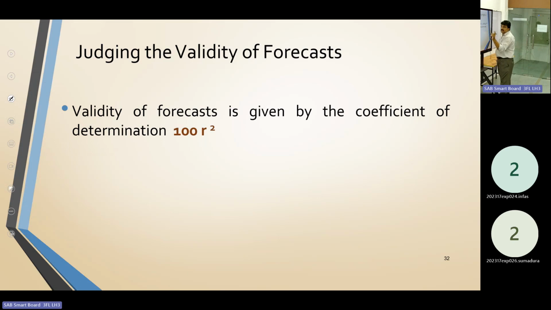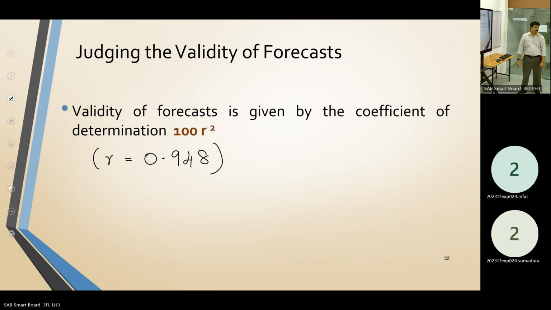For that data set, we didn't calculate the R value. Straight away, we found the regression model. The R value for that data set is 0.948. Now what we want to calculate is 100 R square.